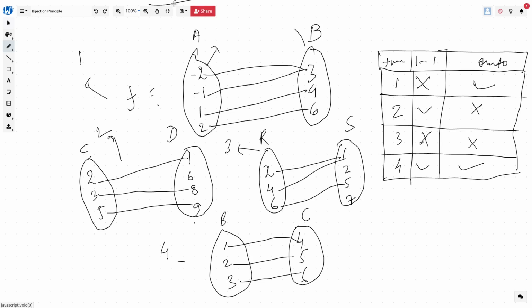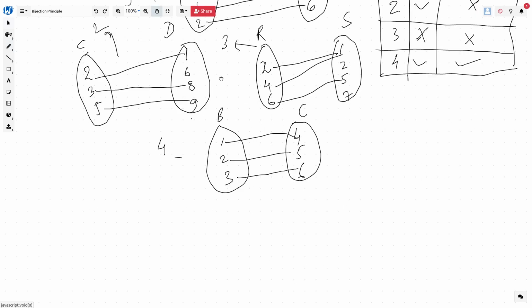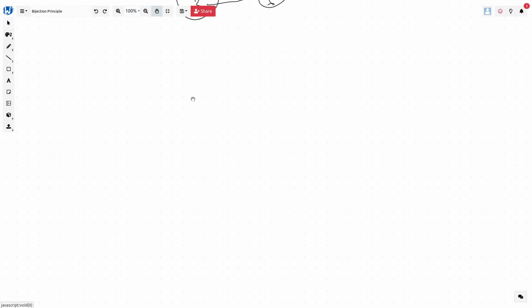Now let's see what the bijection principle says.